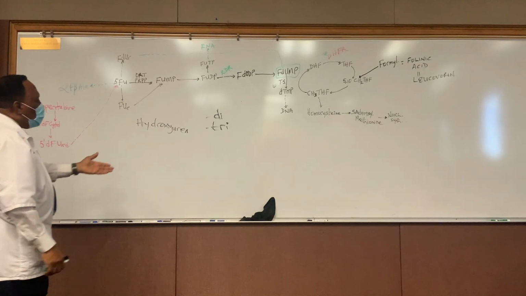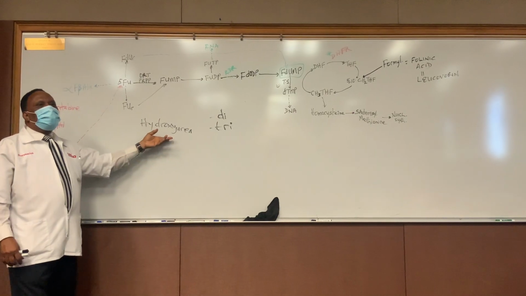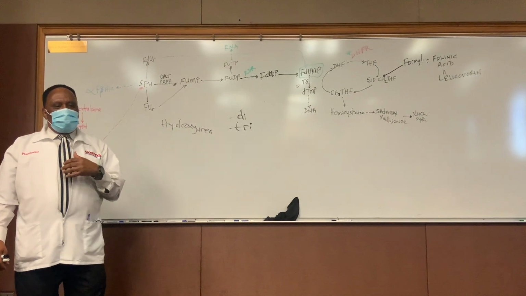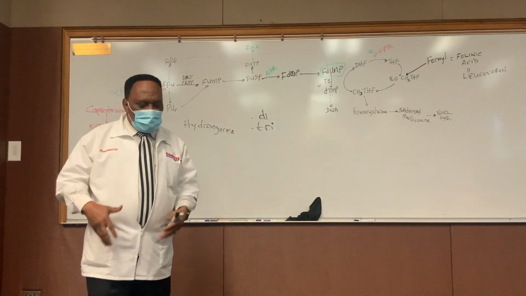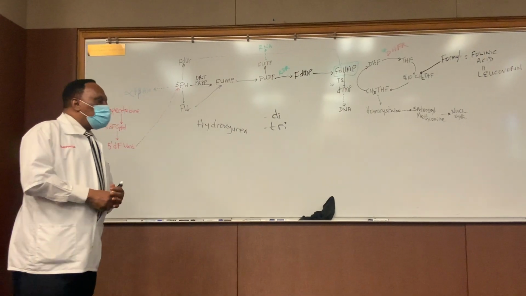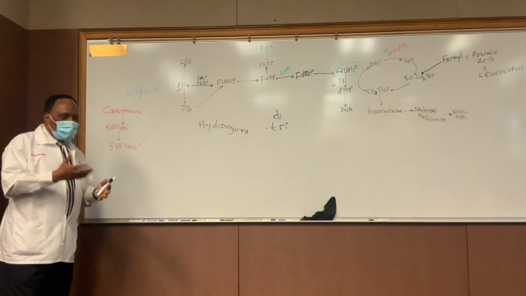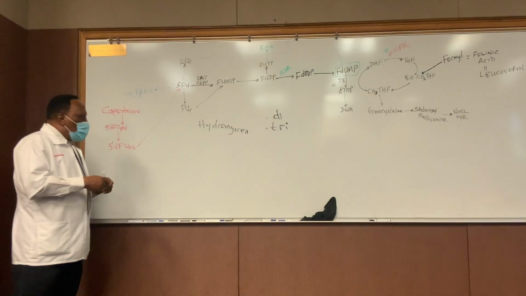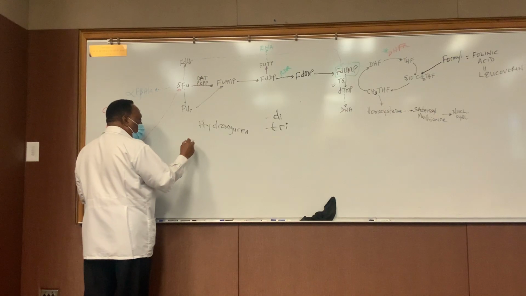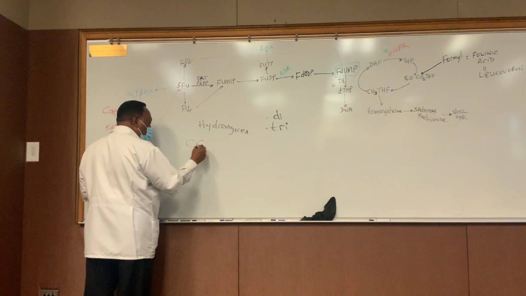Okay. And we've mentioned that hydroxyurea is used for your chronic granulocytic leukemia, or what you call CGL.